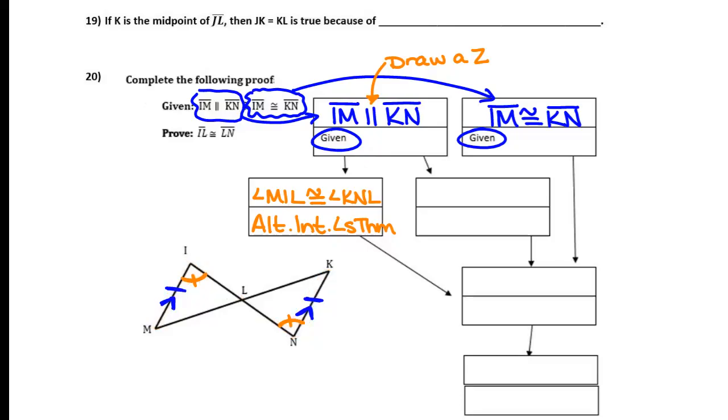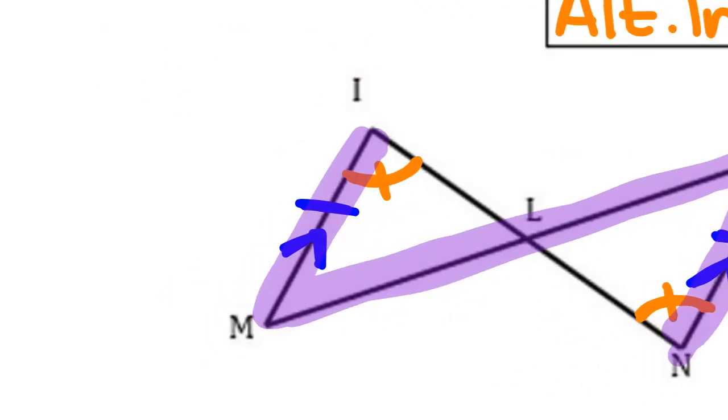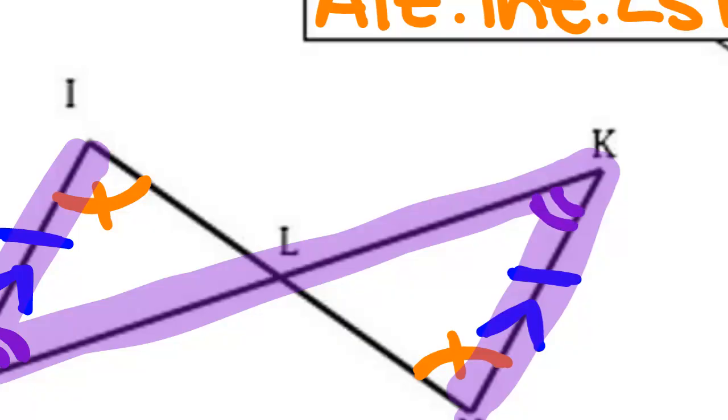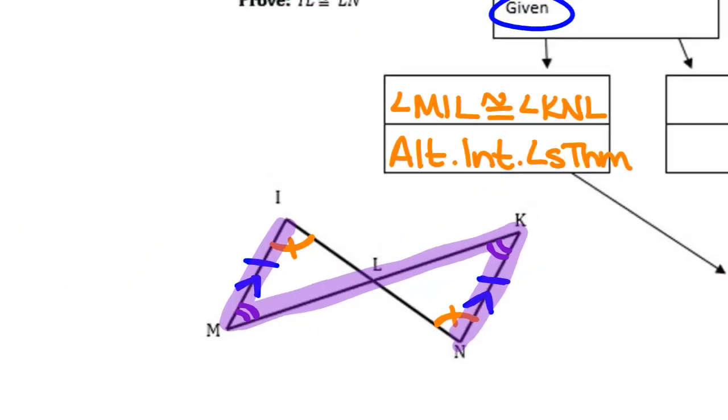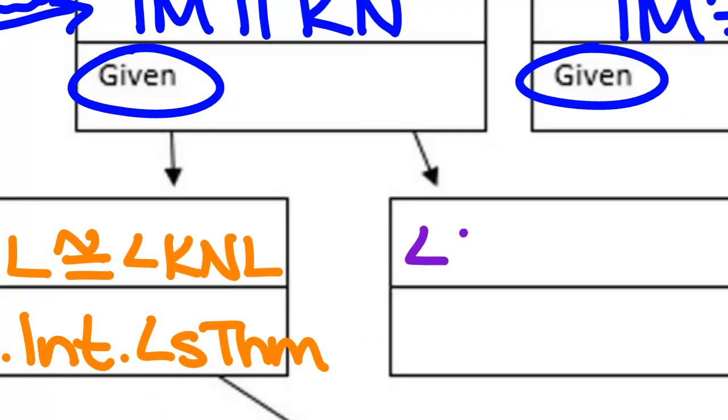That is not the only Z that I could draw with these parallel lines. And again, I know I can make 2 statements off of it because there's 2 arrows leading off of this. So going over the same 2 parallel lines, I could have connected them using the other transversal, using the other diagonal line. And if I connect them that way, then these 2 angles are my congruent angles. That would be angle IML and angle what?